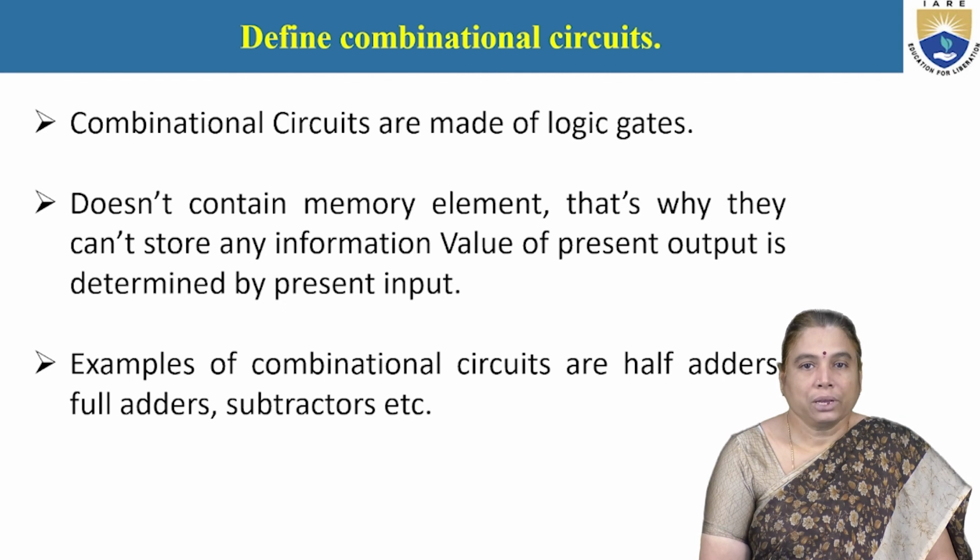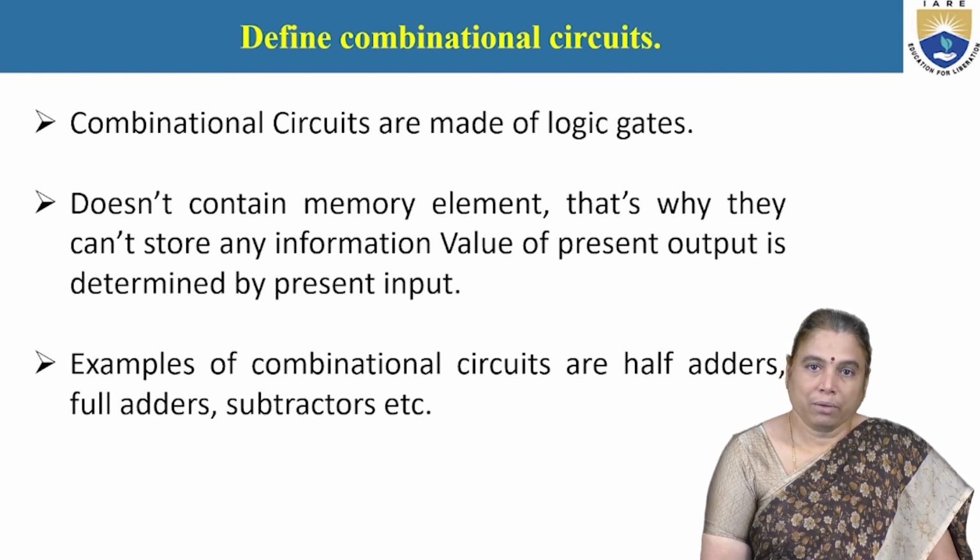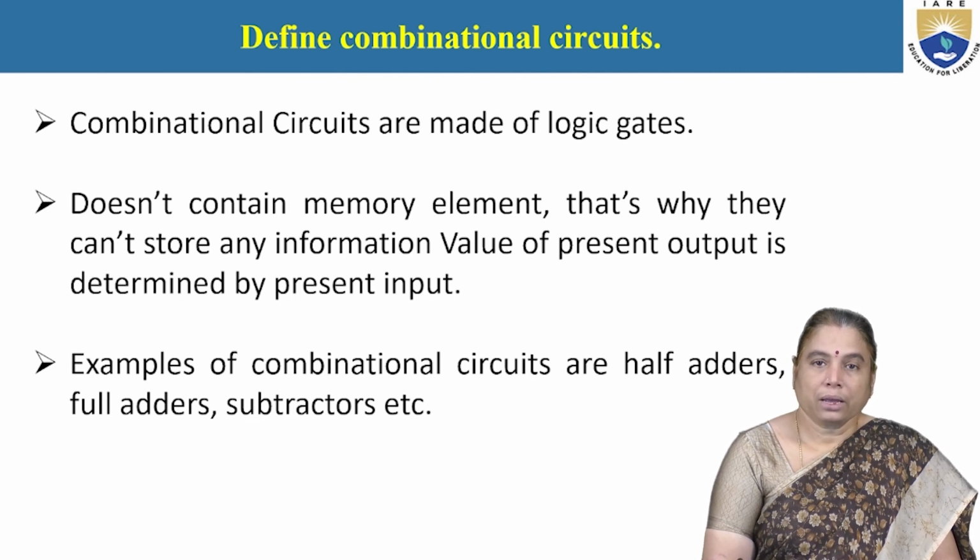Define combinational circuit. Combinational circuits are made of logic gates. So here the basic electronic gates can be used for the design of the combinational circuit. It does not contain any memory elements. They cannot store any information.